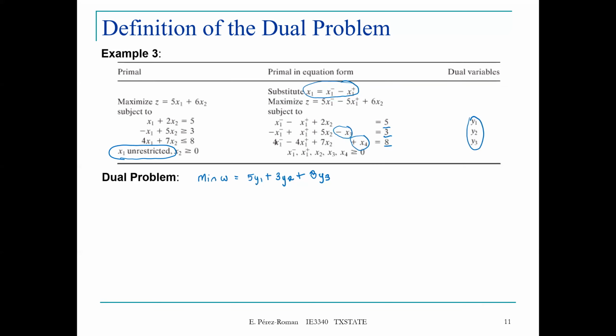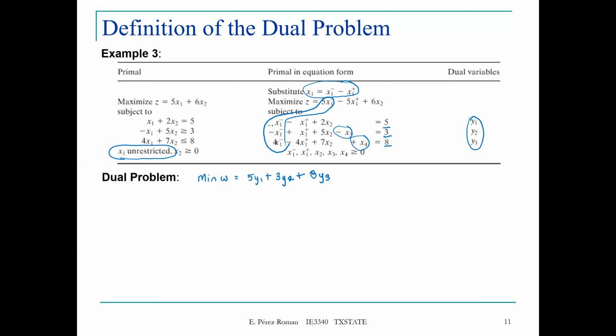And we're going to have a constraint again for each one of the variables. So we're going to have this. And you know the process now. So we're going to start with the coefficients for x1 minus. So this is going to look like this.